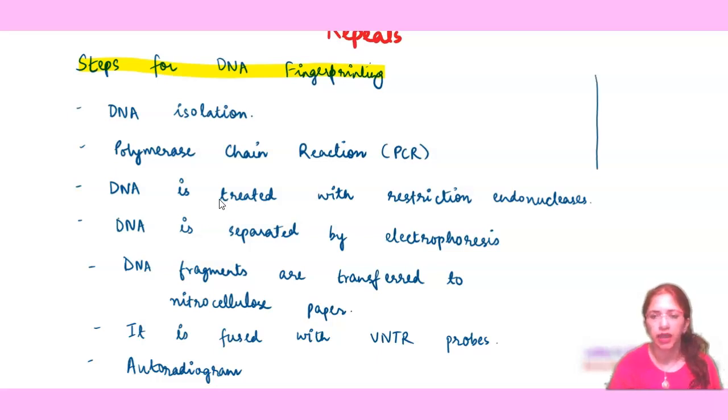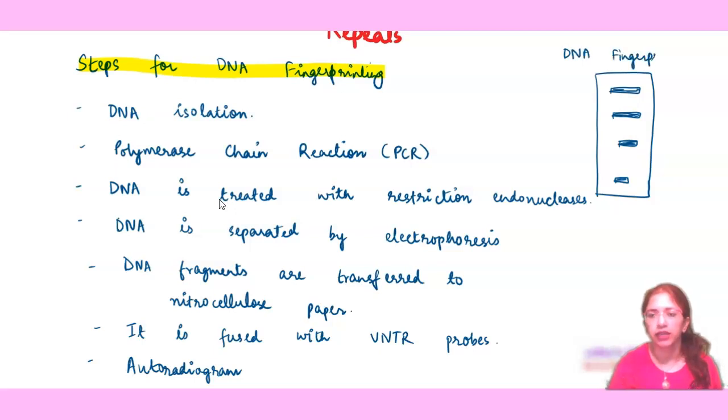So in the end you will get a result which will show the bands like this. Somewhat this kind of result will be seen, where an X-ray film will show that this is the DNA fingerprinting pattern.